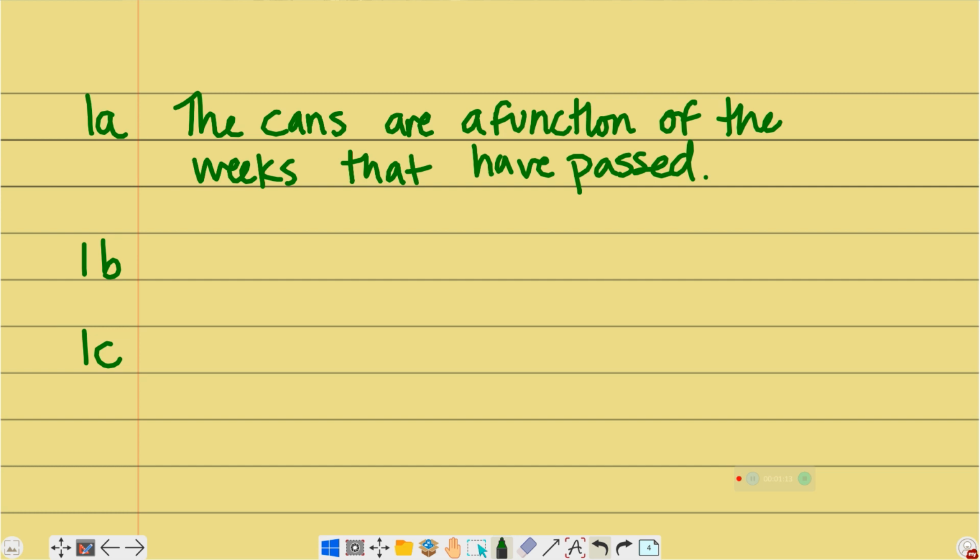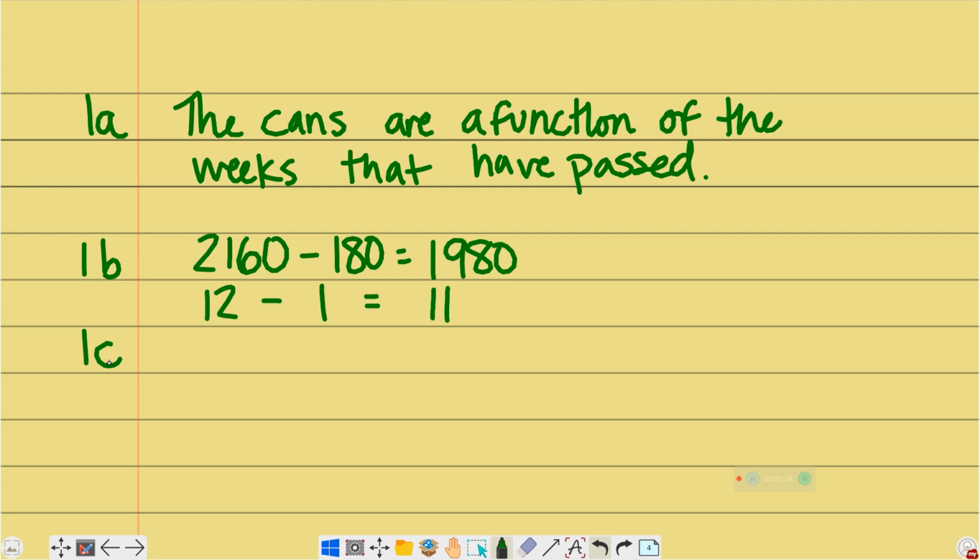So from 2,160 to 180 is a difference of 1,980. Then I need to find the difference in the x values. It started at 12 and went to 1, which is a difference of 11.